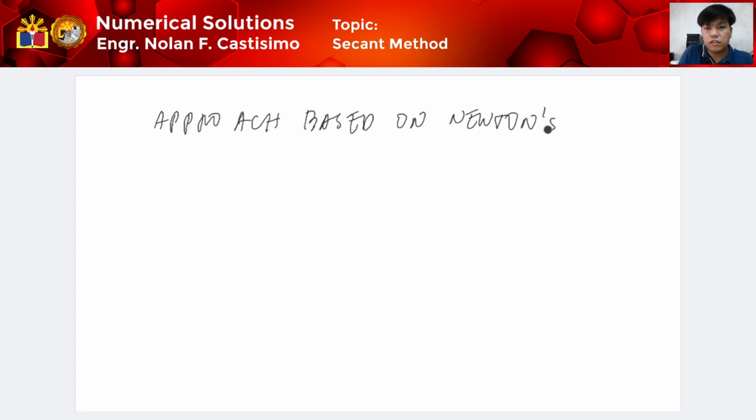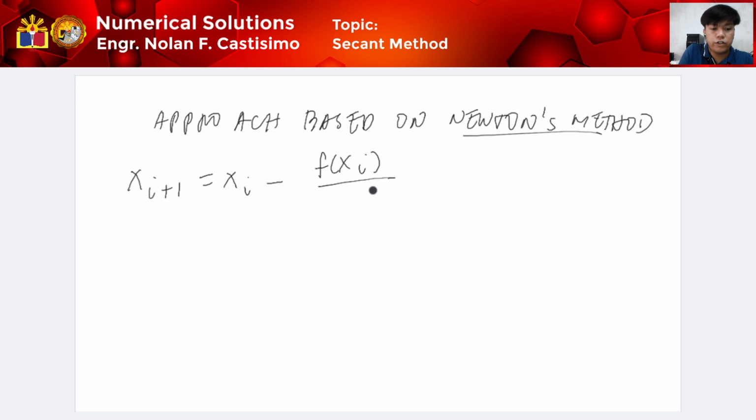This second method has a similar approach to Newton-Raphson, wherein x sub i plus 1 is equivalent to x sub i minus f of x sub i over f prime of x sub i. That is Newton-Raphson, and the i here denotes the position of the current approximation.